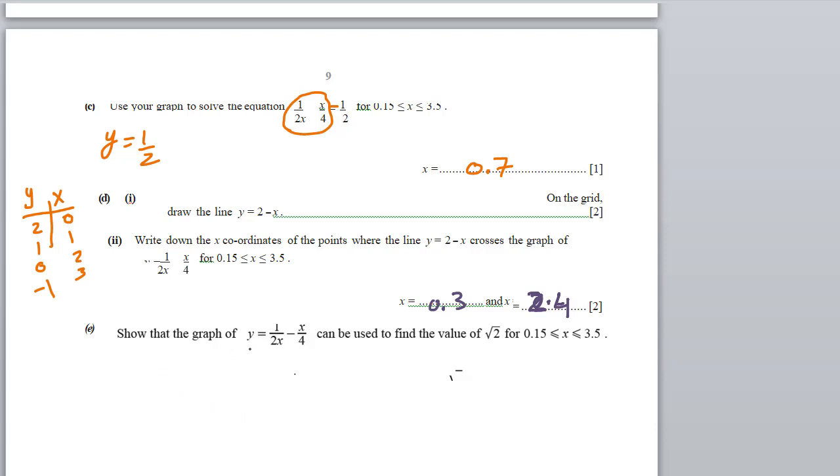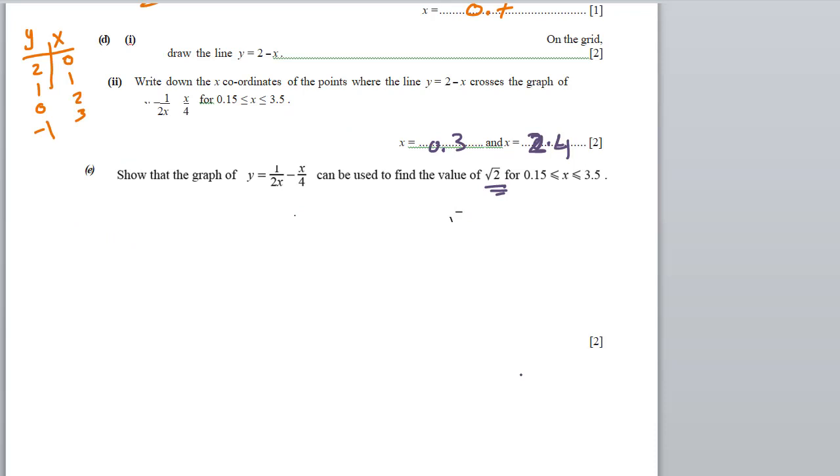Show that the graph of y equal to 1 over 2x minus x over 4 can be used to find the square root of 2. So y equal to 0, so 1 over 2x minus x over 4 is equal to 0.